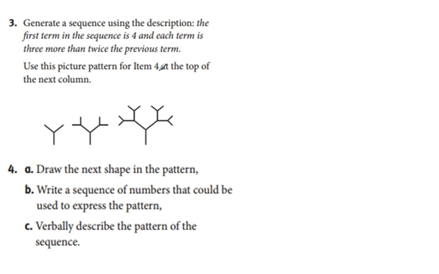Alright, number 3. Sequence using the description. First term is 4. Each term after that is 3 more than twice the previous term. Okay, so the previous term is 4. Twice as much of that is 8.